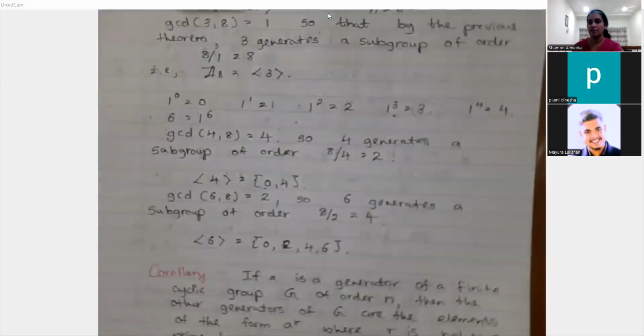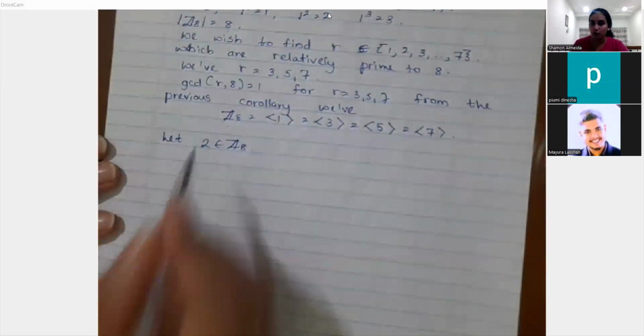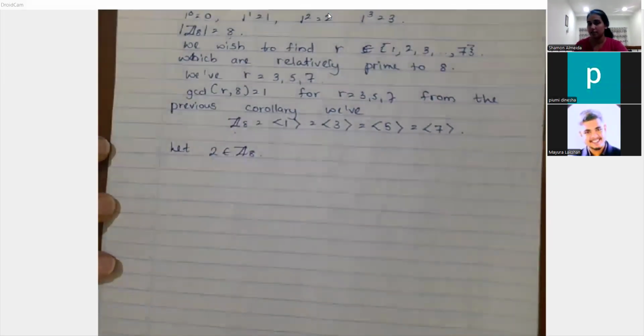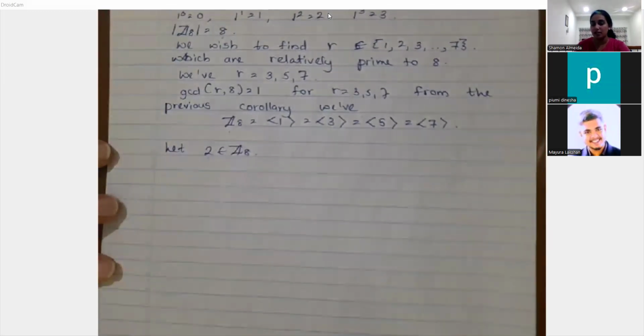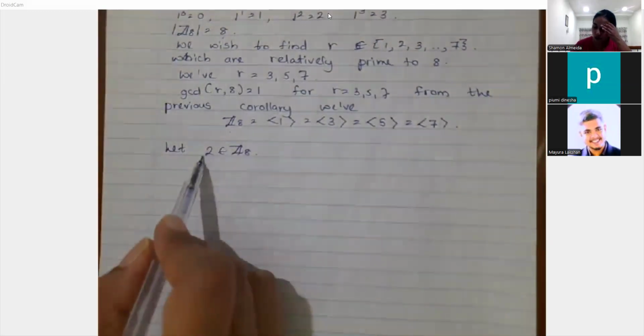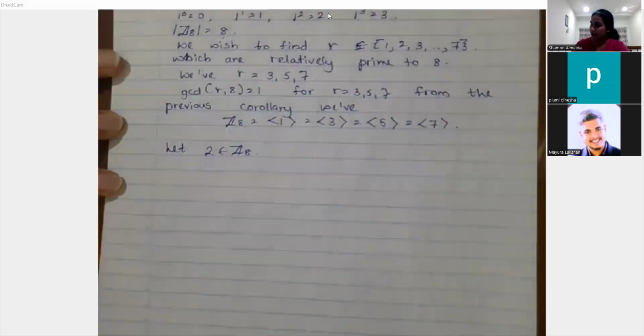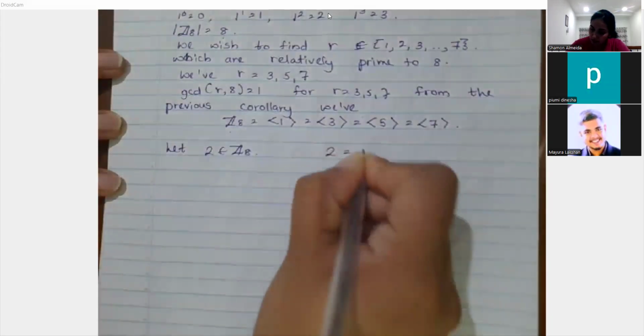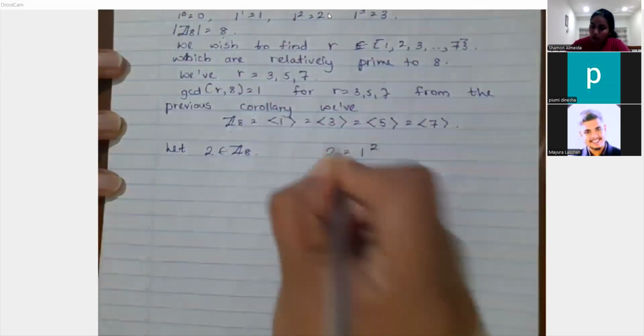No, not that one particularly, but we have done something very similar. What is the order of the subgroup generated by 2? How do we find it? Using that previous theorem, right? You take 2 from Z8. We know we can write 2 as 1 raised to the power of 2.